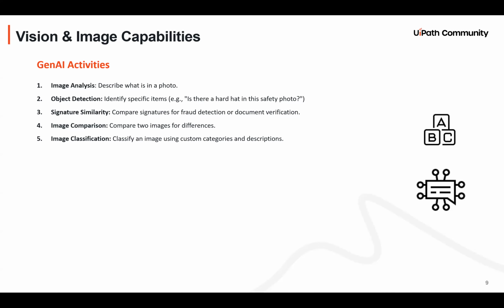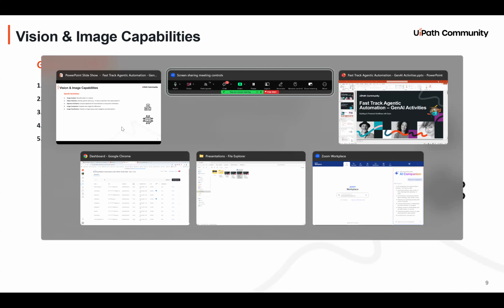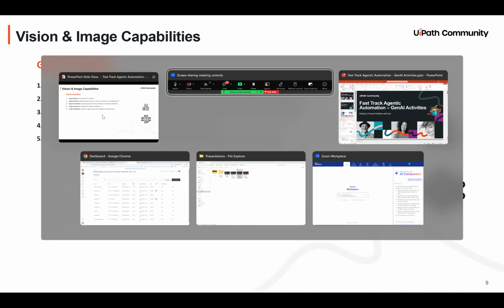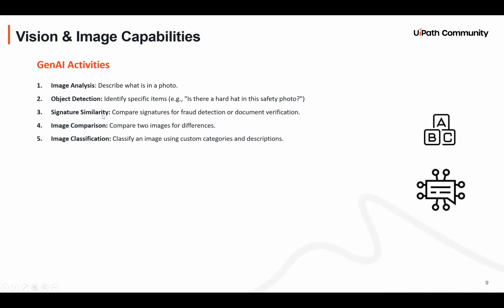This activity will give us the analysis of both signatures, whether both are valid or not, and the percentage of confidence as well. Based on some threshold we can bring in a human in the loop, or we might give the agent or the bot autonomy to proceed with the further steps in a particular process.